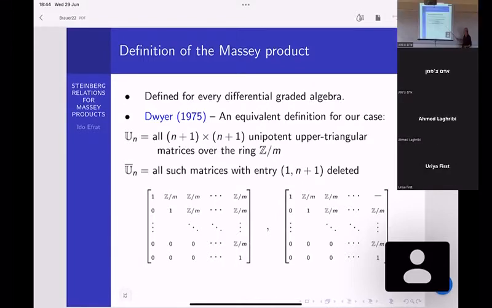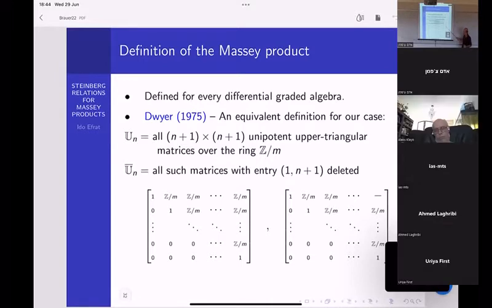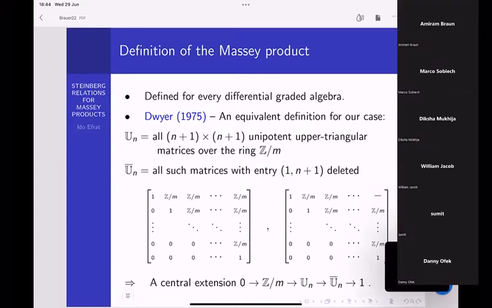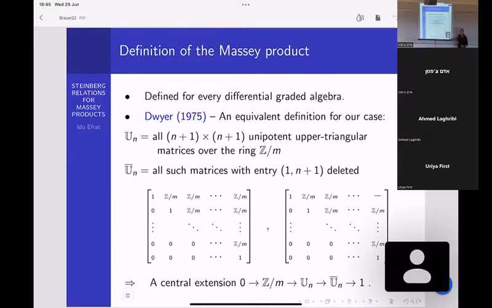You just ignore what happens here, and 0 times anything is 0. And what we get here is a central extension. From U_n, you project into the partial matrices, and the kernel is just Z mod M.